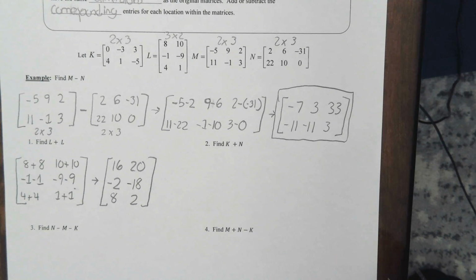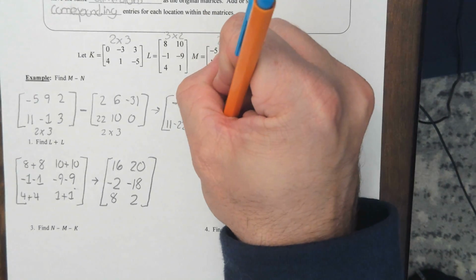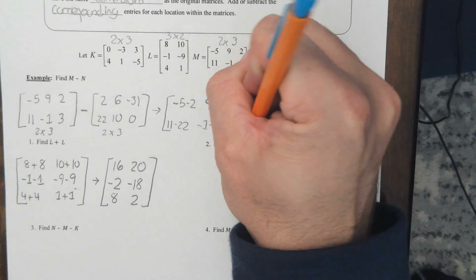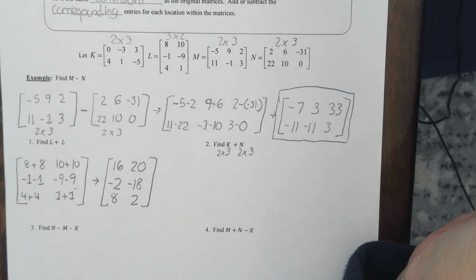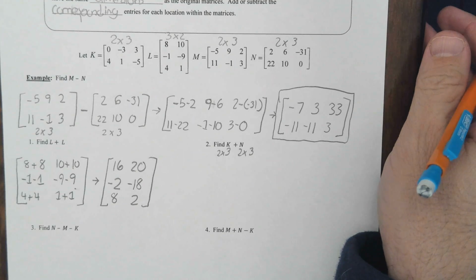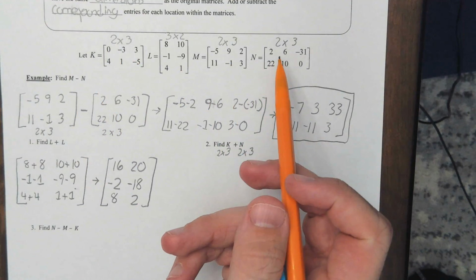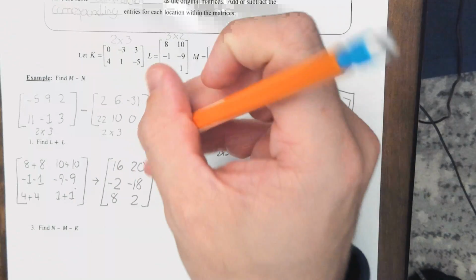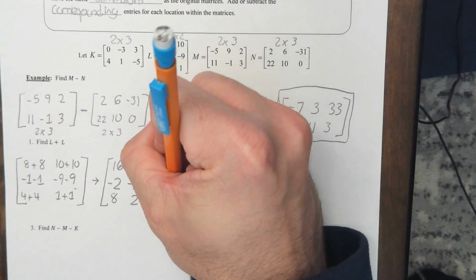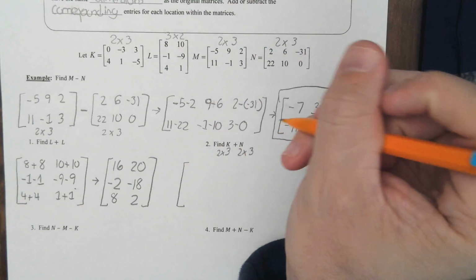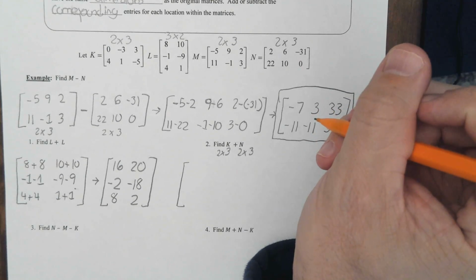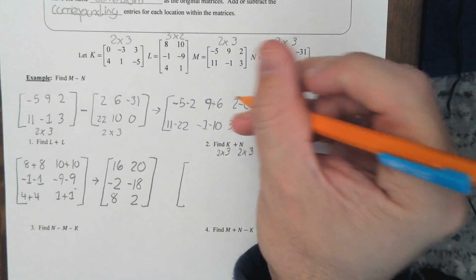Okay, so if we look at 2, now we're doing k plus n. So k is a 2 by 3. N is also a 2 by 3, so therefore we can perform addition here. So we're just going to take the corresponding elements in k and add them to the corresponding elements in n. So it's going to look like this. So k plus n is this.